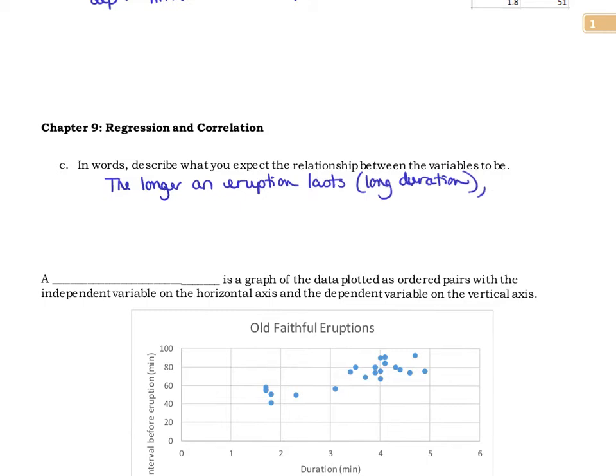If Old Faithful erupts for 2 minutes, and then another time it erupts for 10 minutes, which would have the longer or the shorter duration between eruptions?